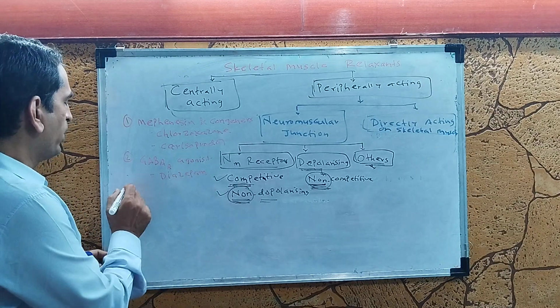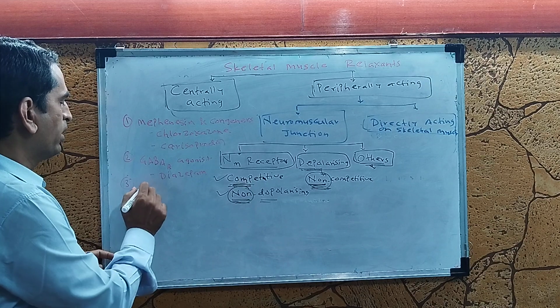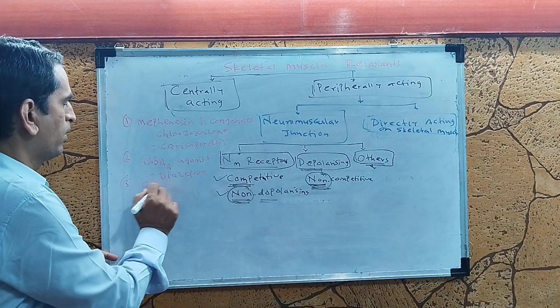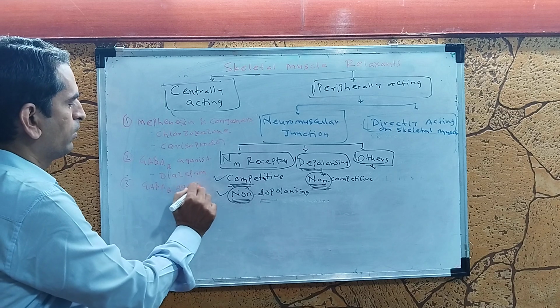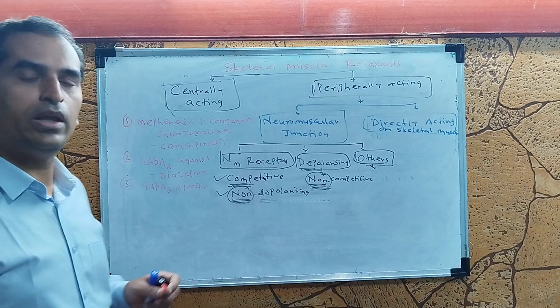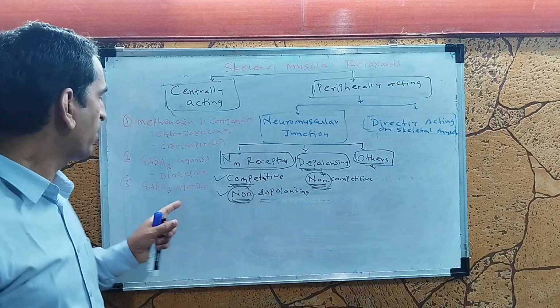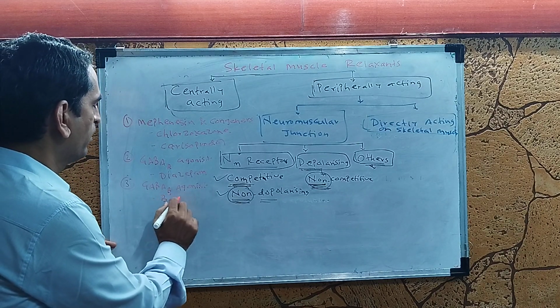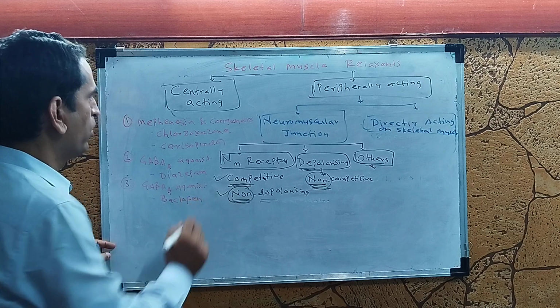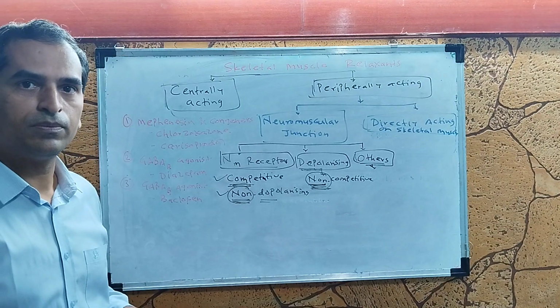The next category is GABA B agonist, and we can remember the example because this is B: remember baclofen. This is the example of the GABA B agonist.